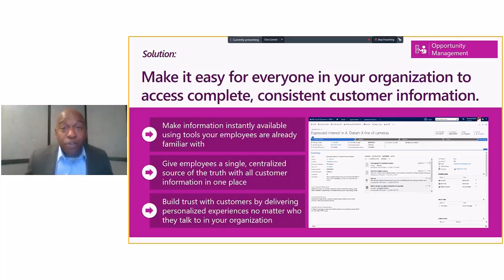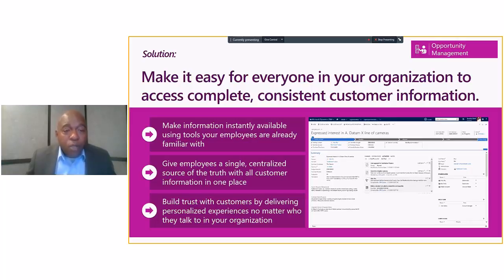CRM allows you to do that. It makes the information instantly available using tools that your employees already are familiar with, whether it might be Outlook or whatever application you may be using in your organization. CRM is usually flexible enough, and again, I'm talking about almost any CRM system. It's flexible enough for you to pull information into a particular application.